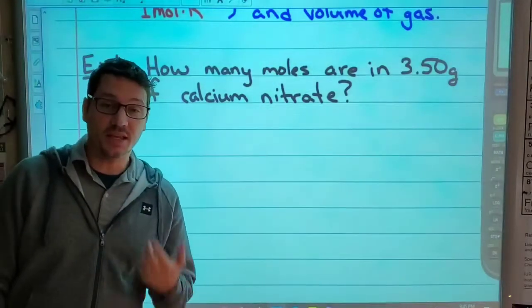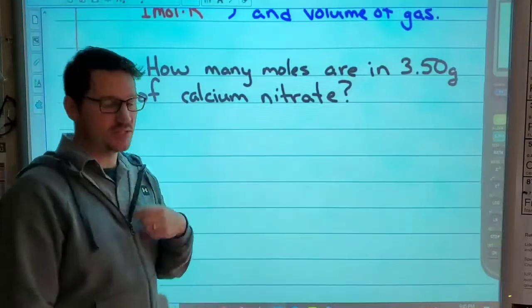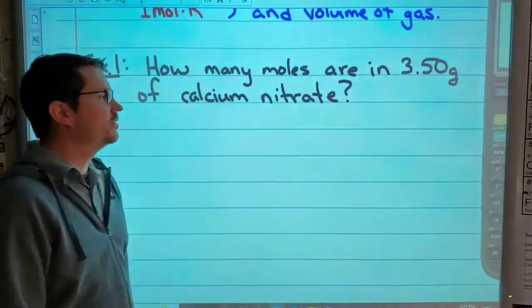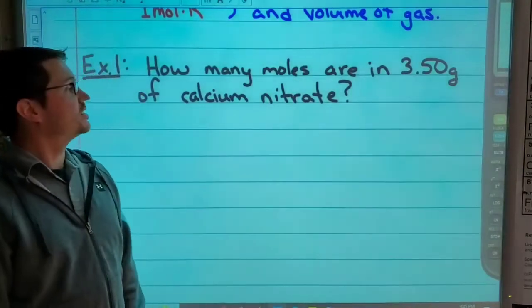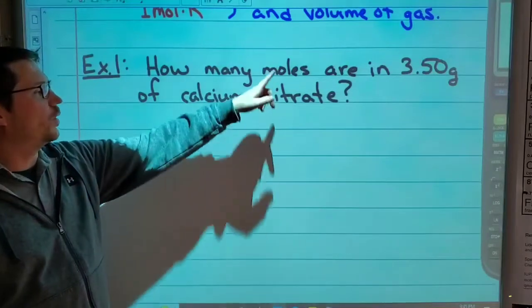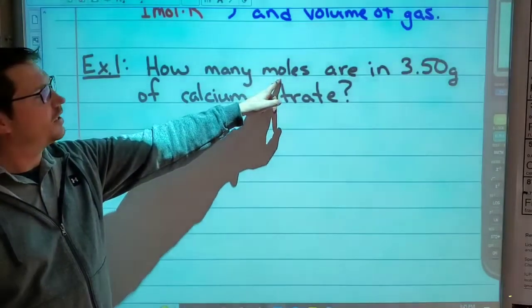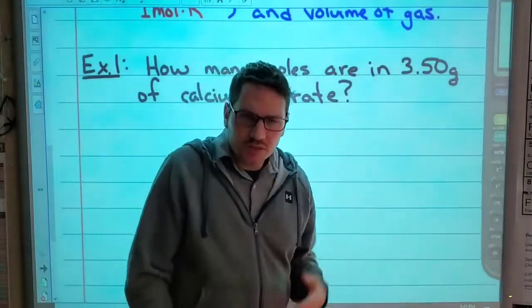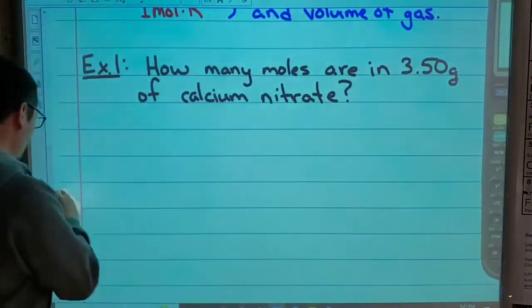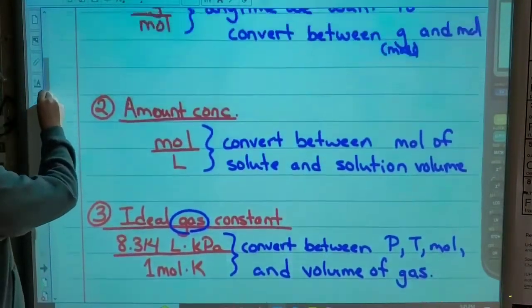But the first thing that we should be thinking to ourselves, and feel free to pause the video at any time if you need to, is, okay, it wants moles and it's giving us grams. So we need to be able to convert from one unit to another, and there's kind of 3 different ways to do that.